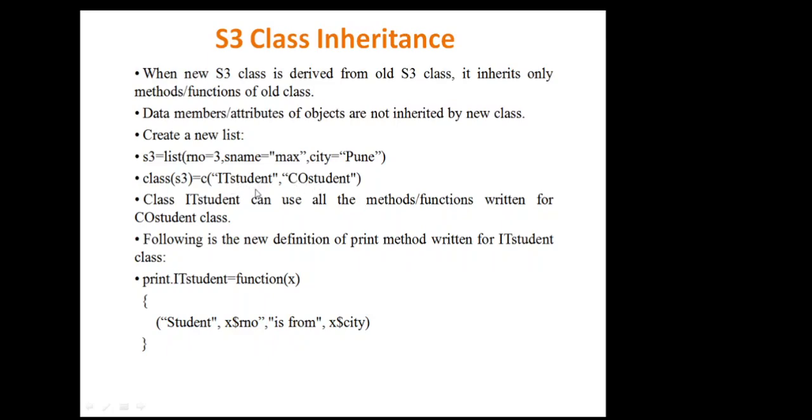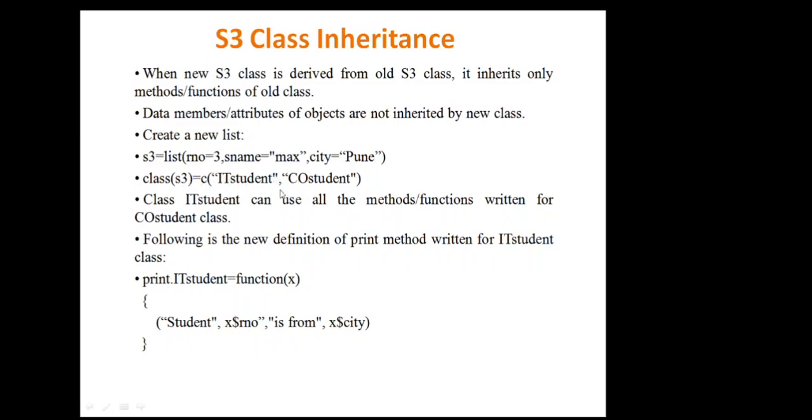So I want to inherit that function also for the IT student class. Instead of creating new functions for IT student, we can implement inheritance so that we can inherit functions from the CO student class. Here the inheritance syntax is: first you need to create one list, and then you need to assign a class to that newly created list.